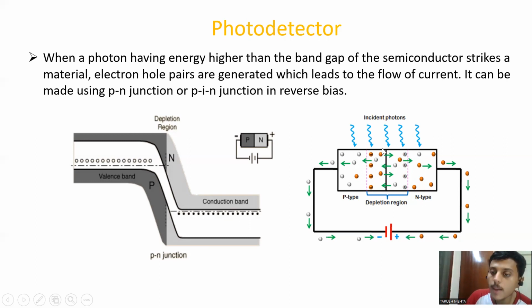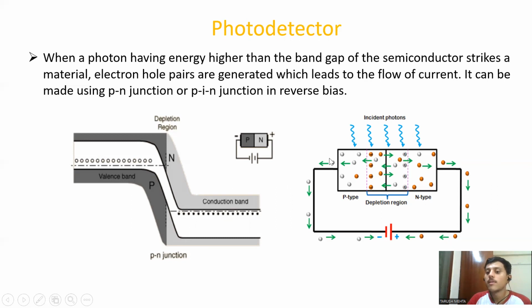In order to collect these electron hole pairs, whenever incident photons strike the surface of the photodetector, the generated electron hole pairs need to be collected at the contacts so that they can contribute towards the flow of current. So for that, we again connect the battery, but this time in reverse bias.